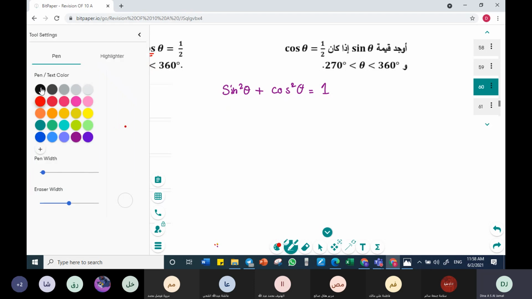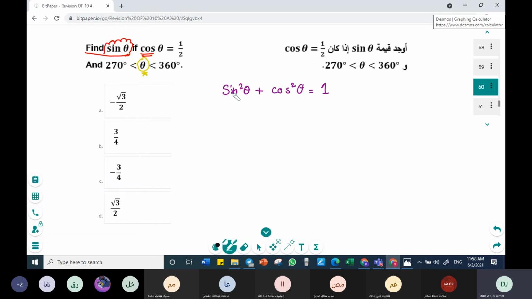Now, let's substitute with the given. Do I have sine? No. Keep it as it is: sine square theta. Do I have cosine? Yes. What should I do with that? Subtract it from both sides? First of all, let's substitute, then you can move it to the other side. What is your cosine? 1/2.